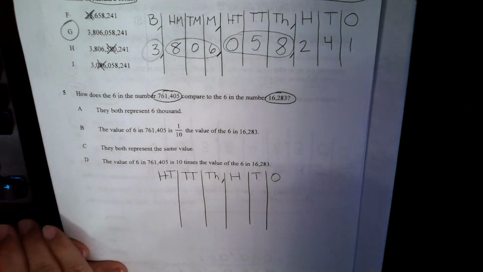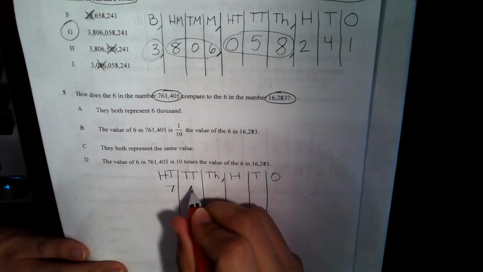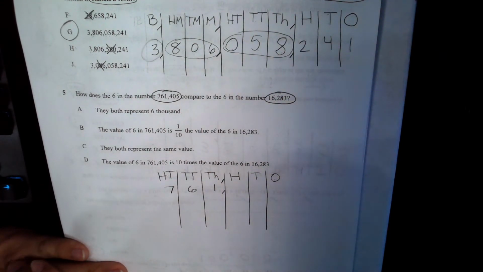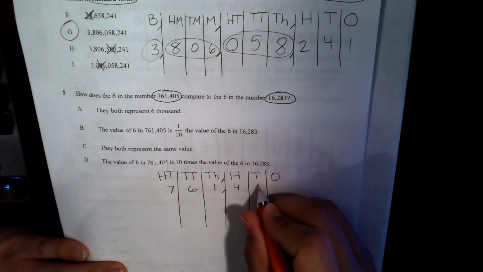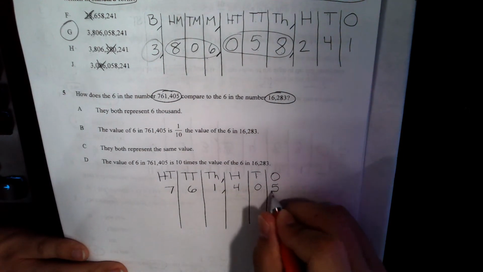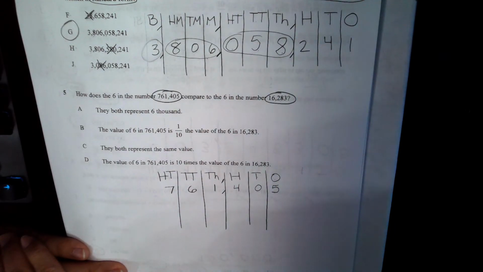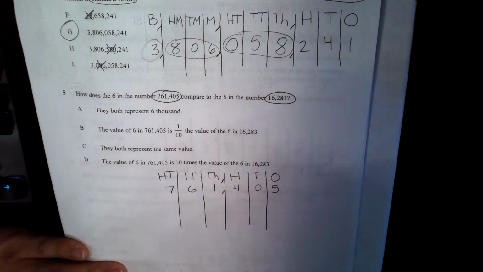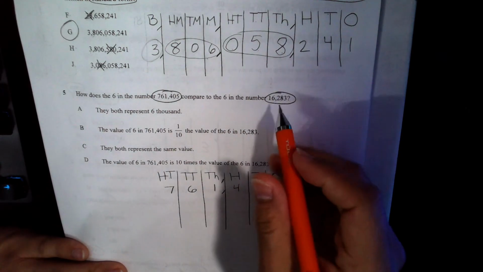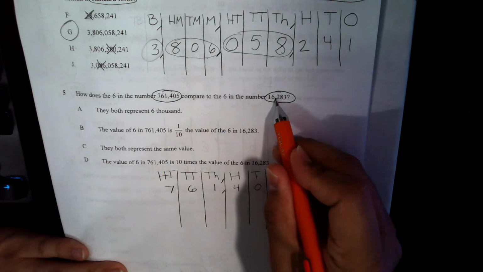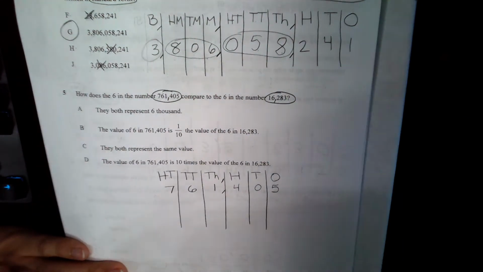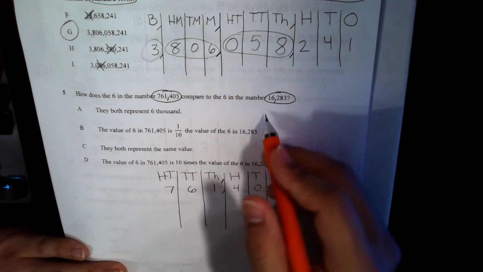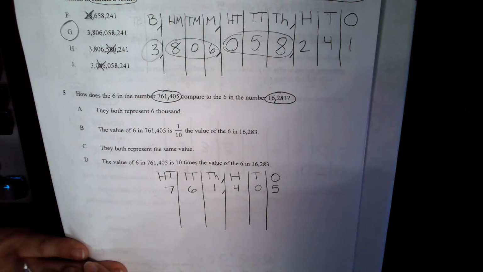I'm going to put my first number here. 7, 6, 1, comma, 4, 0, 5. And then right underneath that, I'm going to write the second number. This is where I need to be a little careful. Look at where the comma is. The comma can't move.